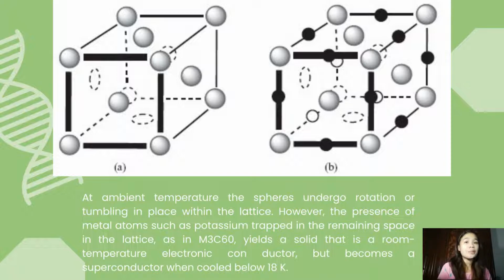At ambient temperature, the spheres undergo rotation or tumbling in space within the lattice. However, the presence of metal atoms such as potassium trapped in the remaining space in the lattice, as in M3C60, yields a solid that is a room temperature electronic conductor but becomes a superconductor when cooled to 18 Kelvin.